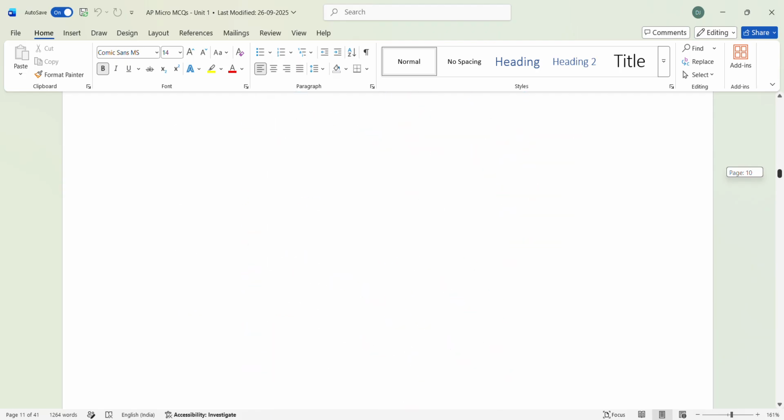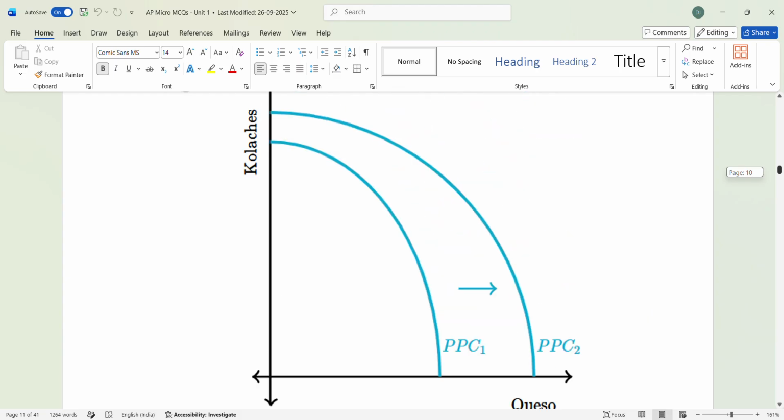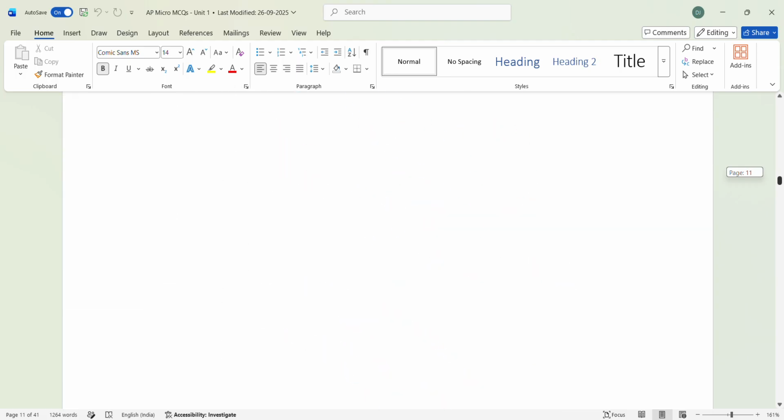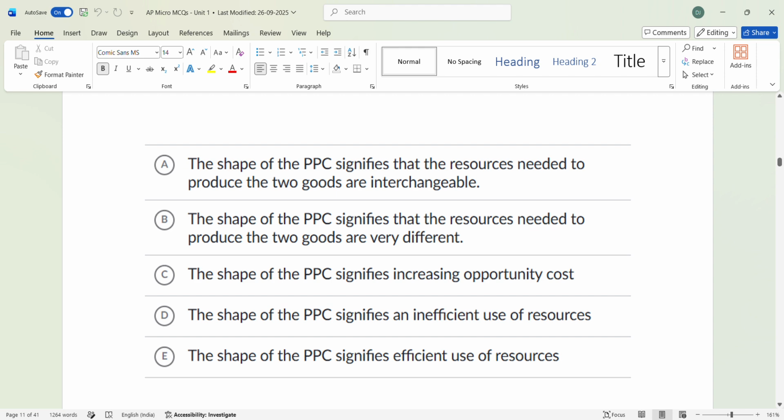Okay, so that's the first graph you have. That's A option. Okay, hang on, give me a minute. Actually, my cursor is not working.